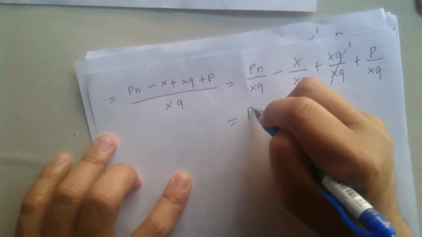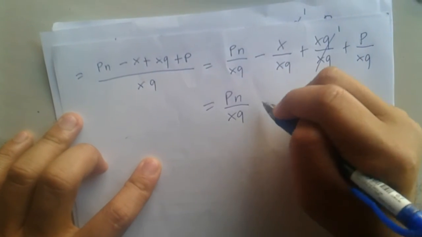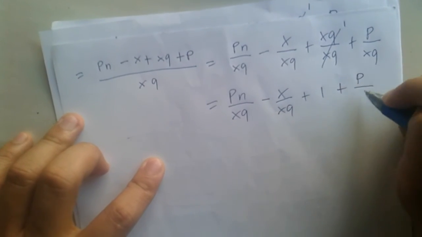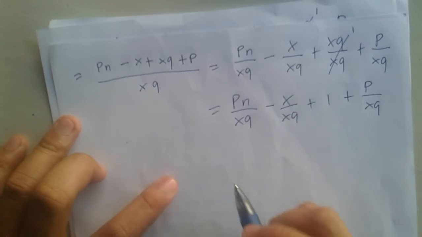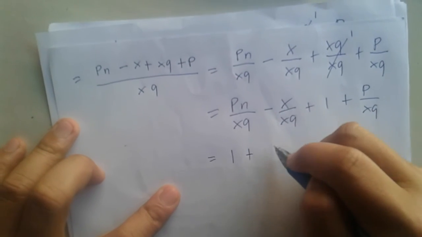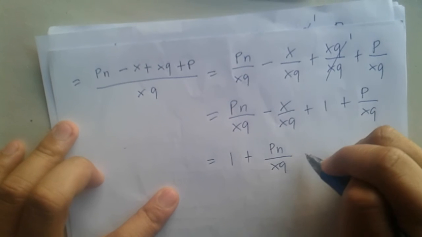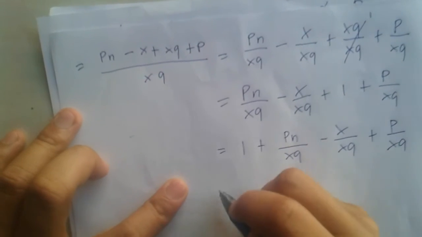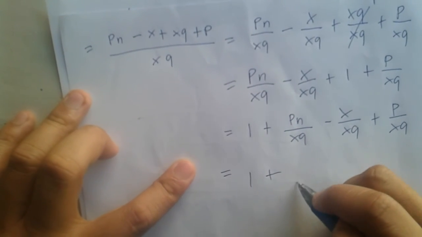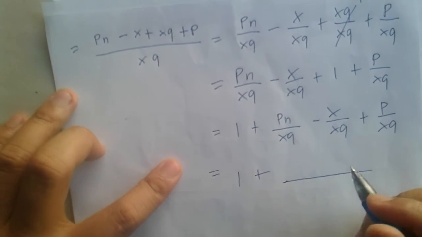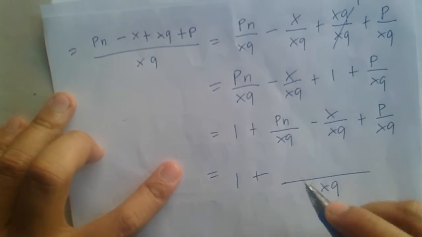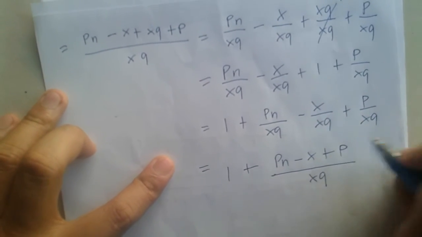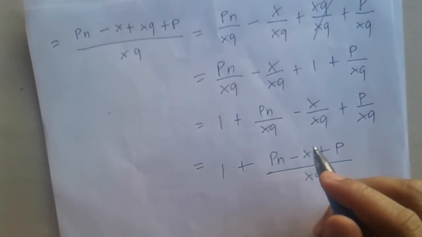So we have now pn over xq minus px over xq plus 1 plus p over xq. So take out the constant: 1 plus pn over xq minus px over xq plus p over xq. So get the LCD of the three terms. So 1 plus, the LCD of the three terms is xq. So copy the numerator pn minus px plus p because the denominator is the same.